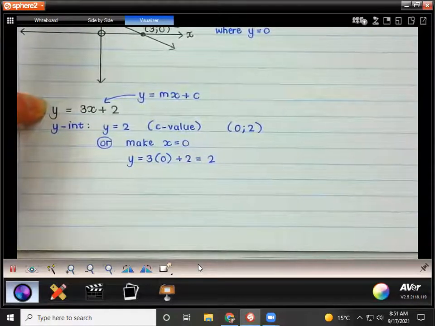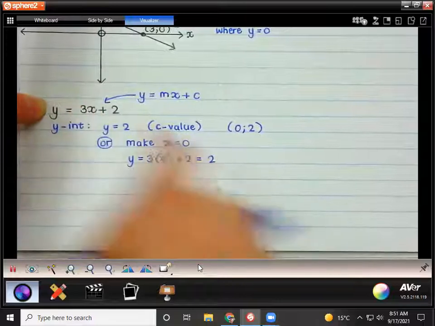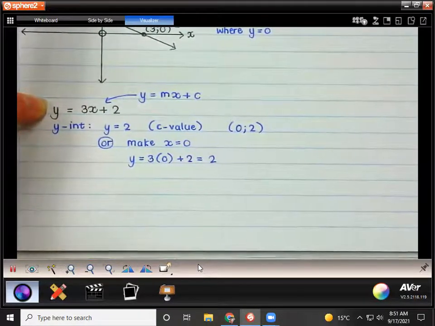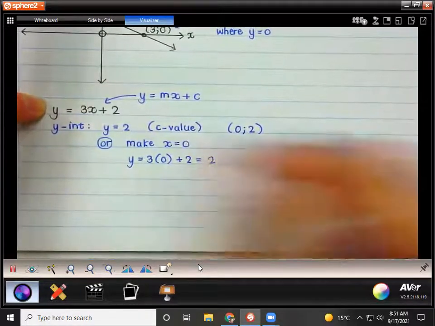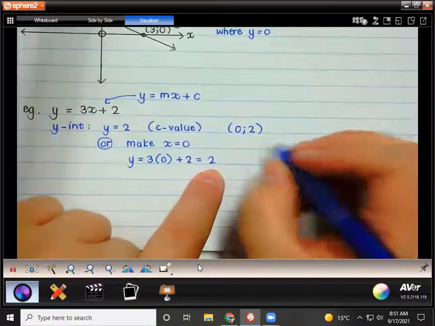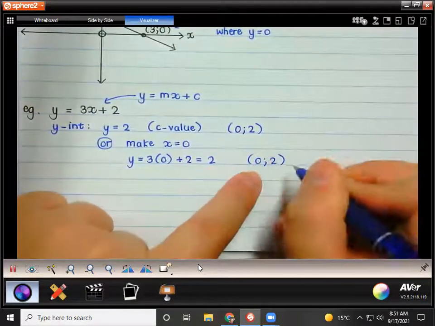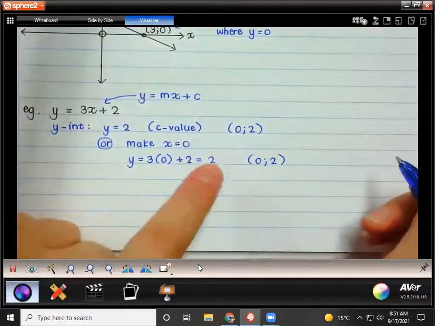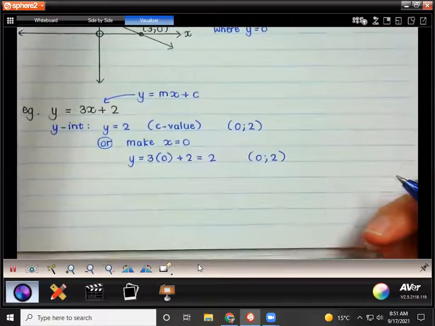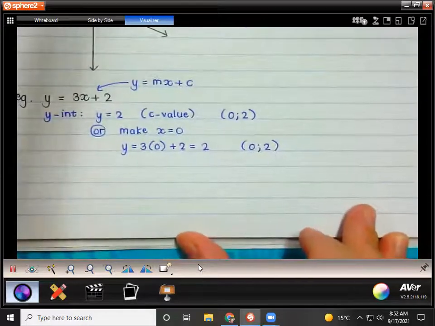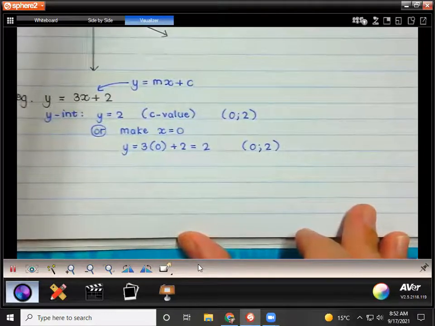So we get the same value as if we had just looked at the c value. You can always make x equal to 0 in your equation, and that will give you the y value. Once you have your y value, remember the x value of a y-intercept is always 0, and the y value is the one that we just calculated. So that's something to remember, guys. For your y-intercept, always make x equal to 0, and then calculate it.